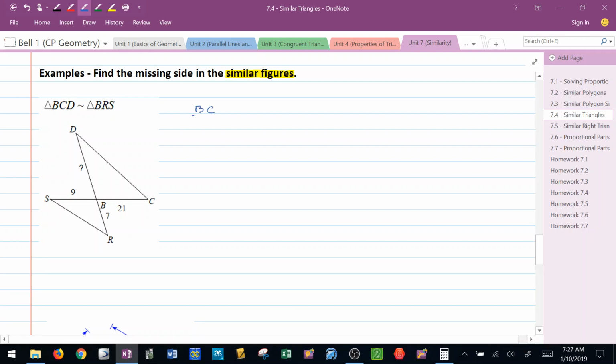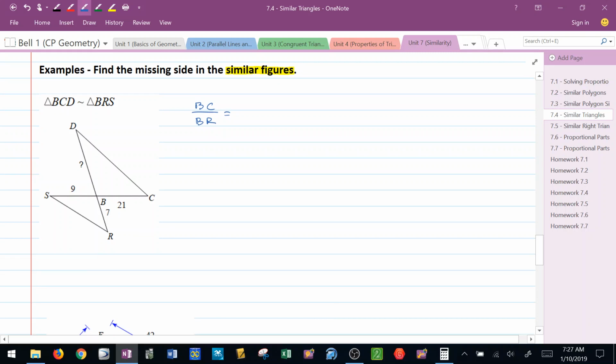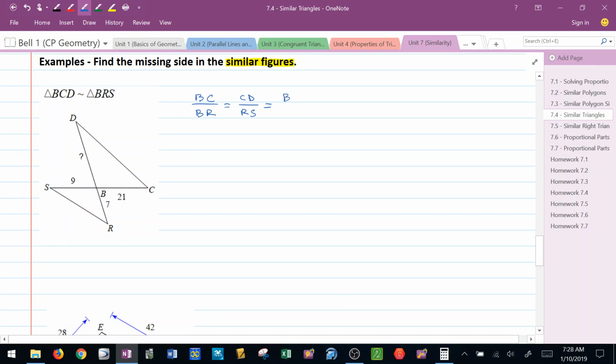I have BC over BR. Notice how I match the first two letters in each of the triangles, one on top, one on the bottom, to represent that side measurement. I know that that has to equal CD over RS. And I know that has to equal BD over BS.